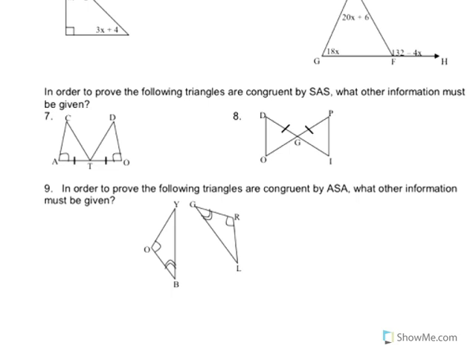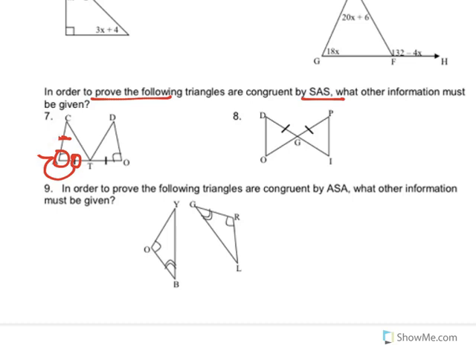Okay, so in this next one it says, what do we need in order to prove these angles are congruent by side, angle, side? What other information must be given? Well, on this one we have an angle, we have a side, and so we're going to need this side right here to go in order: side, angle, side.